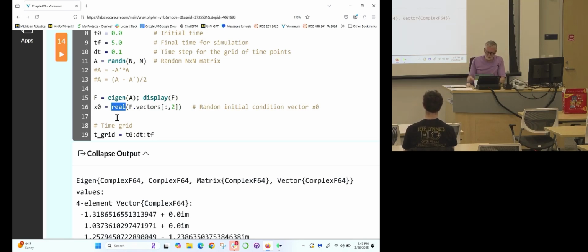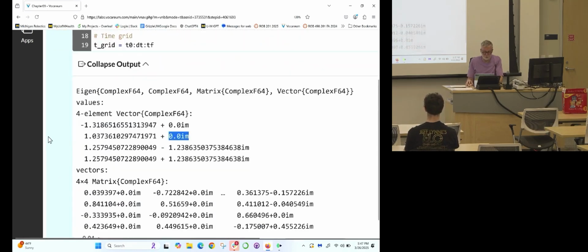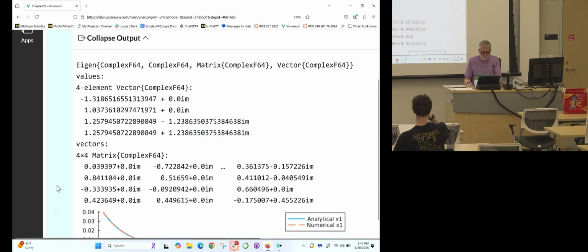I want to get rid of this 0 on the imaginary, so I'm just doing the real part. And the same thing on the eigenvector. So this is a complex eigenvector in Julia, even though this imaginary part is 0. If I want only the imaginary part, like on these, then I say imag.